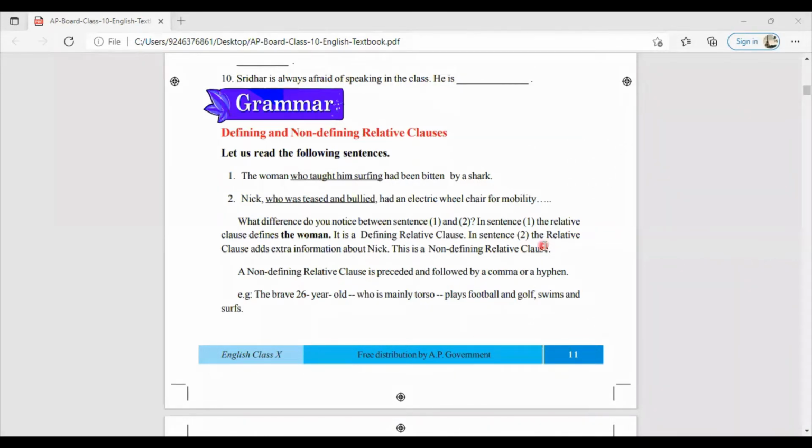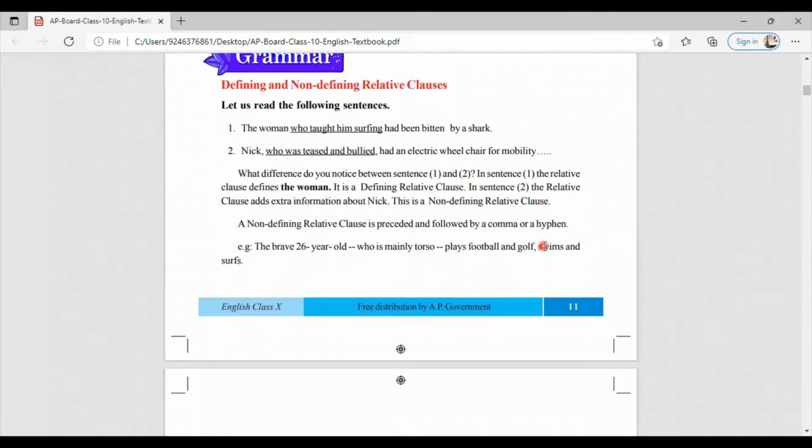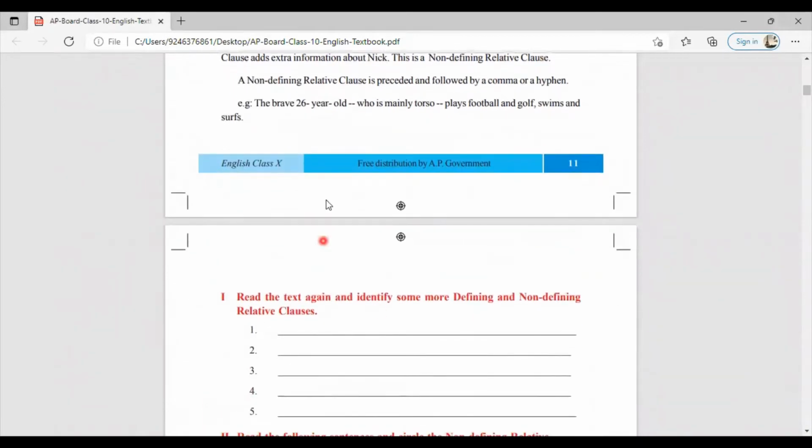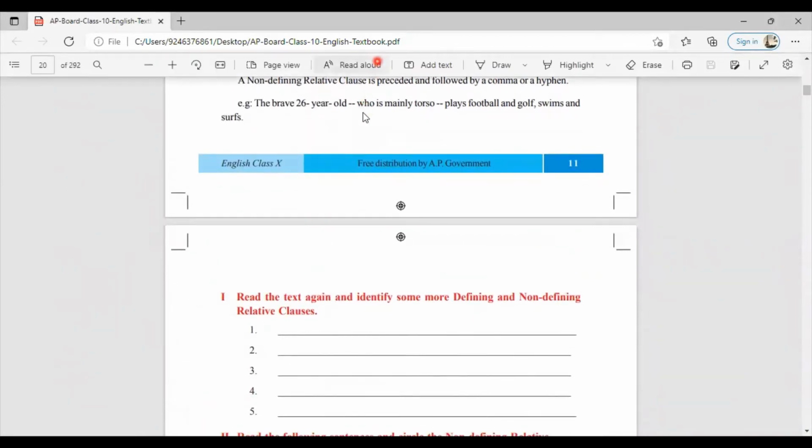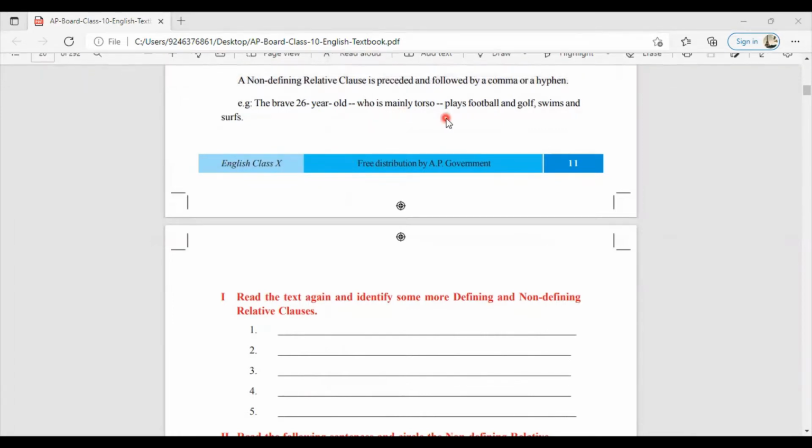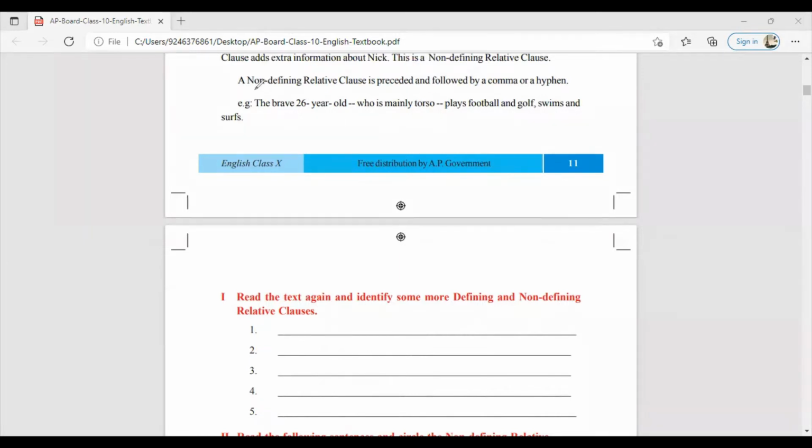Then the next sentence is given for you: the brave 26-year-old, who is mainly a torso, plays football, golf, swims, and surfs. This is a non-defining clause. Remember that a non-defining clause is followed by a comma or hyphen.